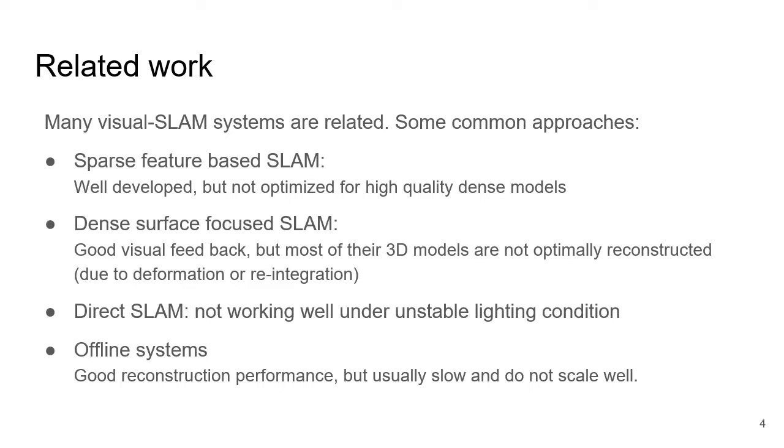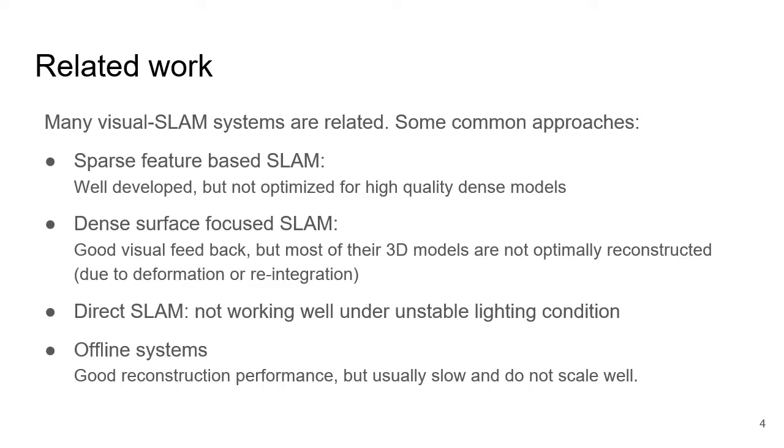Here are some common approaches. The first one is a sparse feature-based SLAM system. It is well developed, but not optimized for high-quality dense models because they only use image corners and then reconstruct a very sparse point cloud to represent our 3D world.